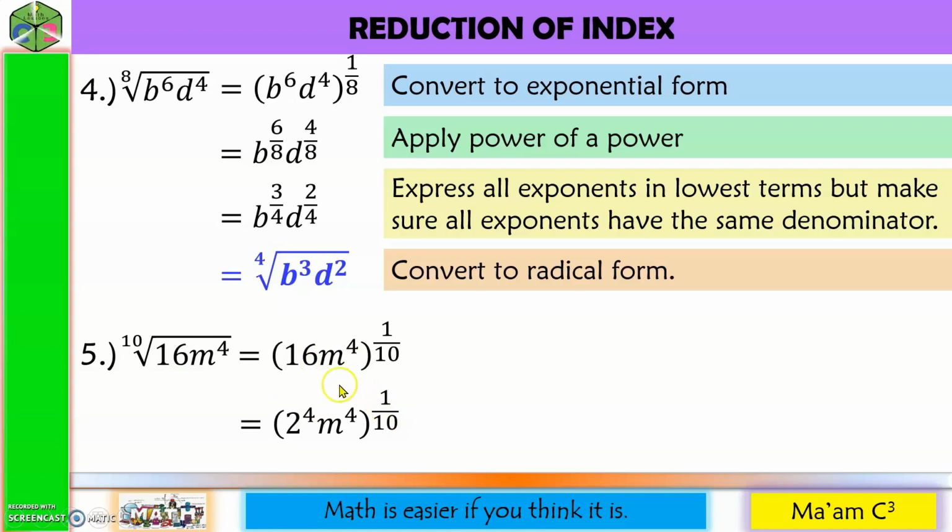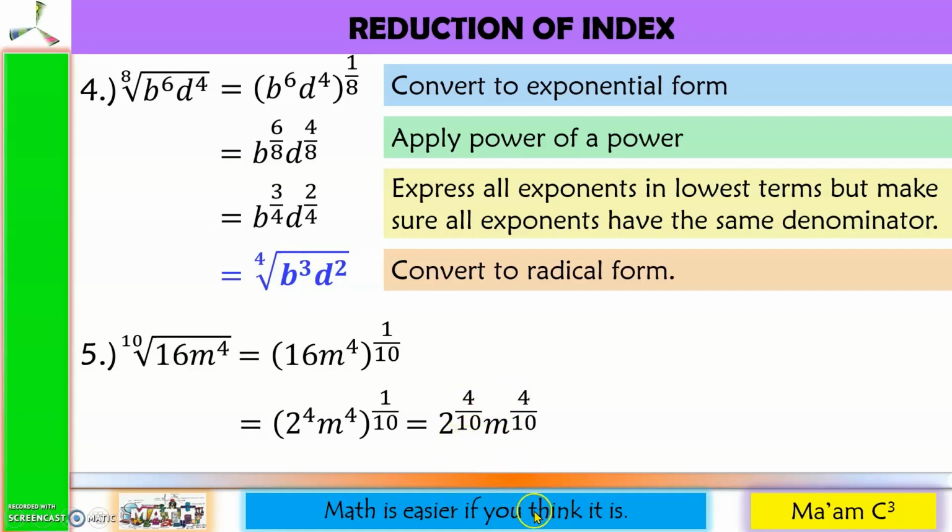Then I'll multiply the exponents outside with the exponents inside. So this will become 2 raised to 4 over 10, m raised to 4 over 10. I'll reduce this to lowest terms, but make sure denominators are the same. 4 and 10 are both divisible by 2. So 4 divided by 2 is 2 and 10 divided by 2 is 5.